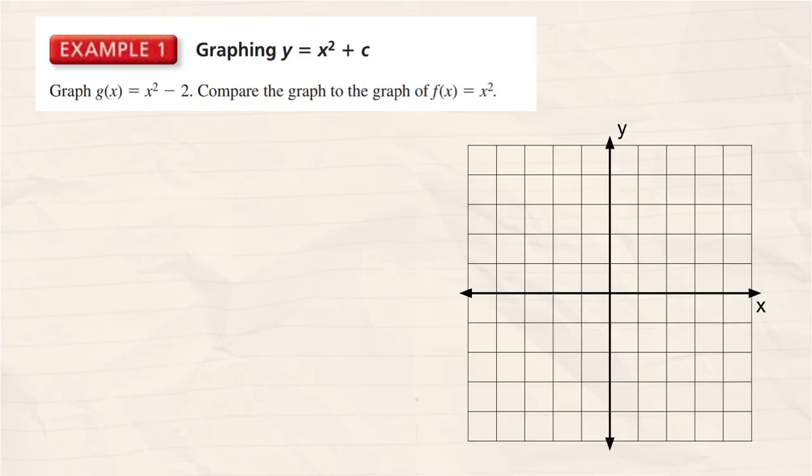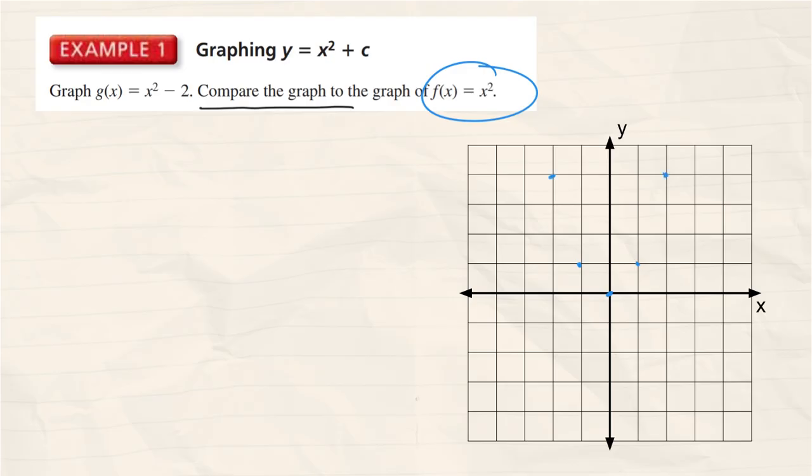So here you can see we have a comparison. They want us to compare the graph to the parent, which in this case is f of x equals x squared, correct? So it's the same thing as before. We're going to have 0, 0, negative 1, 1, 1, 1, 2, 4, and negative 2, 4.